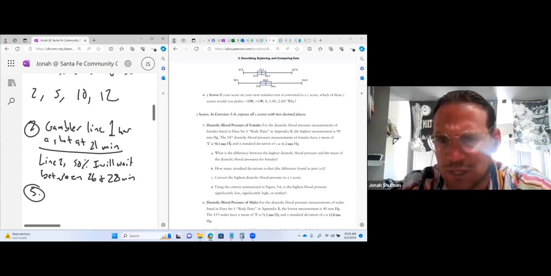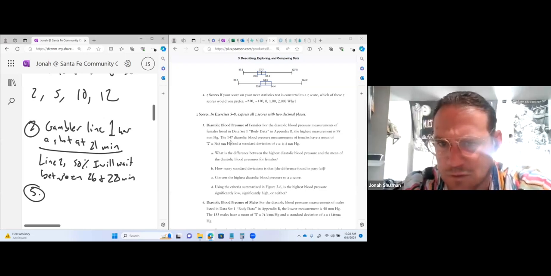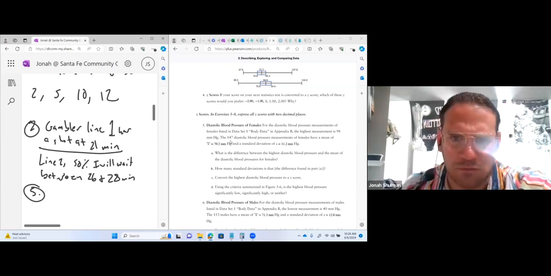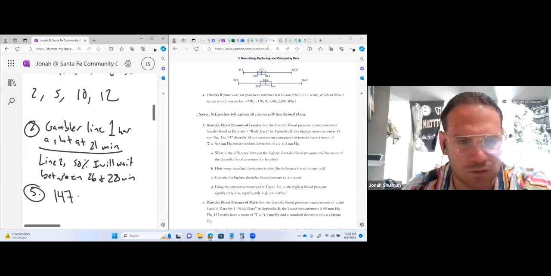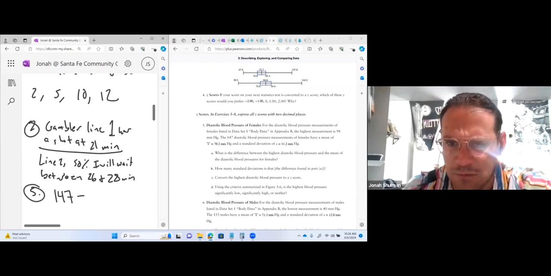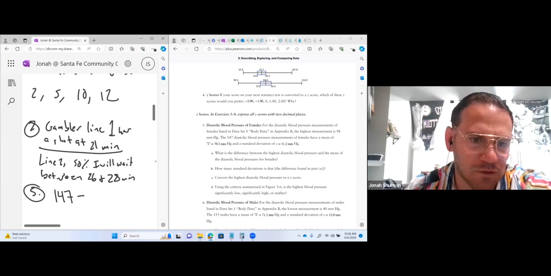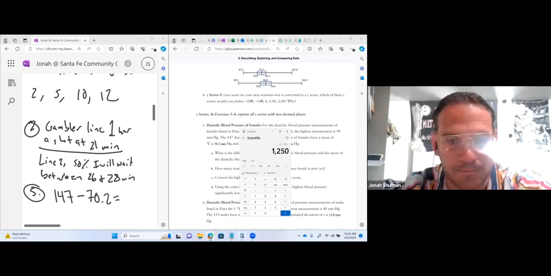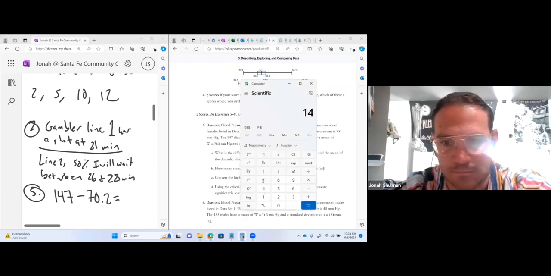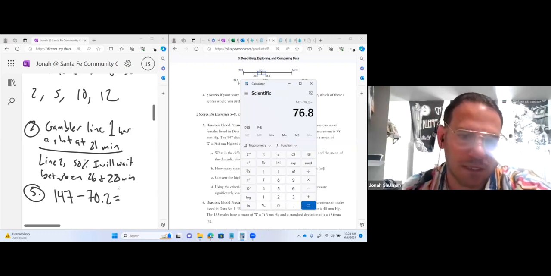So the highest is 147. Difference just means to subtract. The mean here is 70.2. We just subtract from 147, and we are left with 76.8. That is the difference.